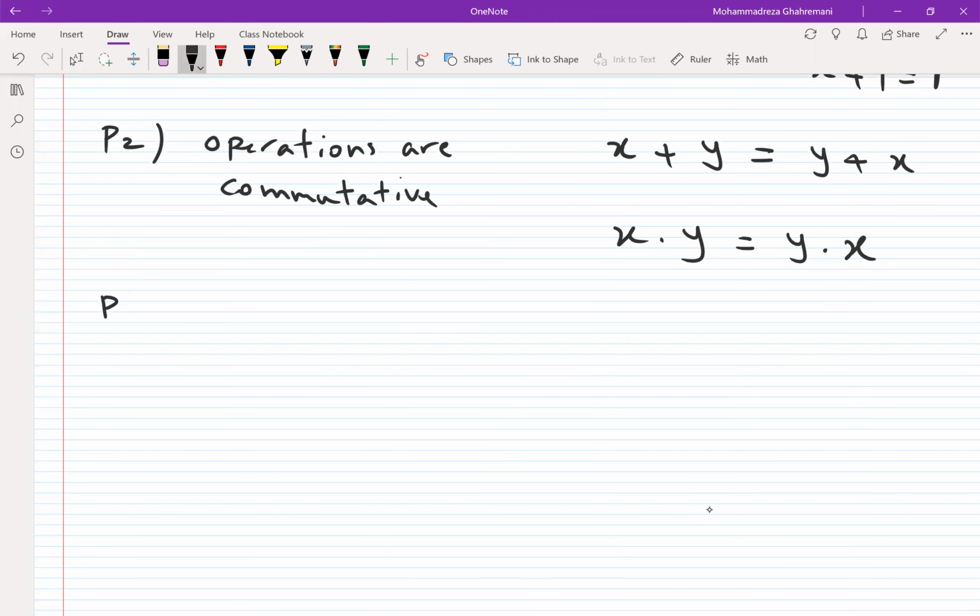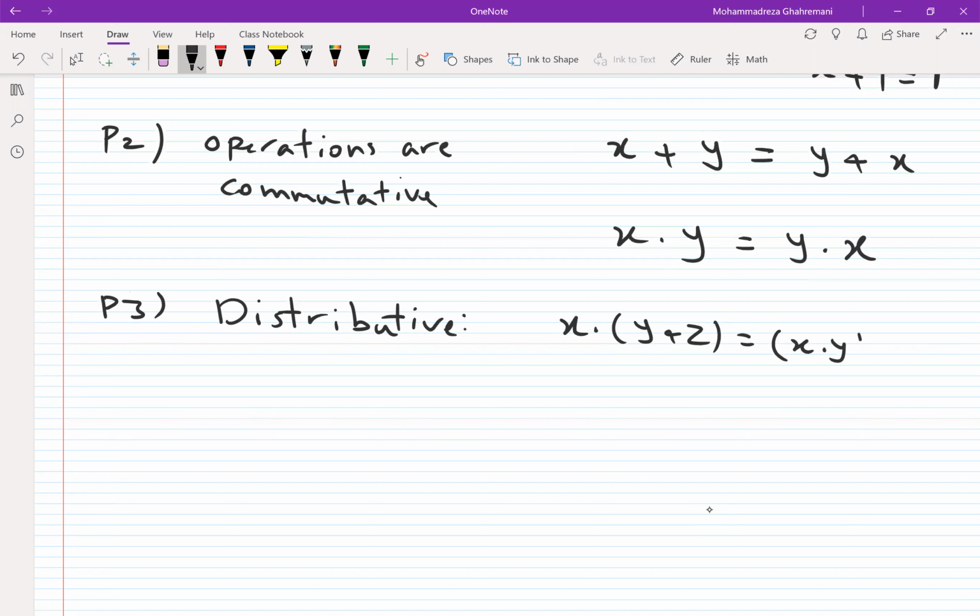Okay, P3 is called distributive. And it says that x times (y plus z) is equal to x dot y plus x dot z.